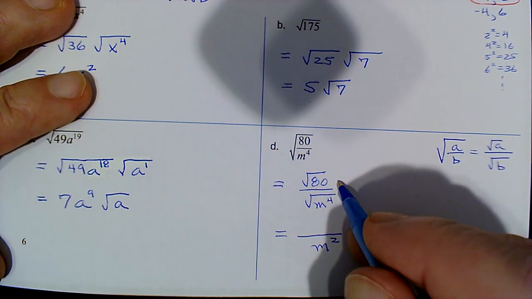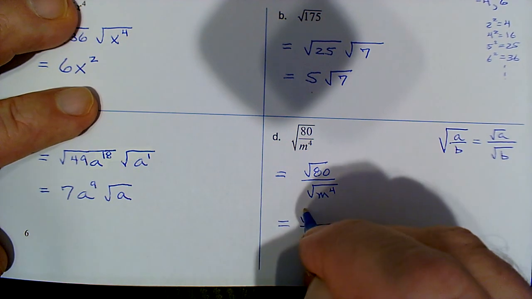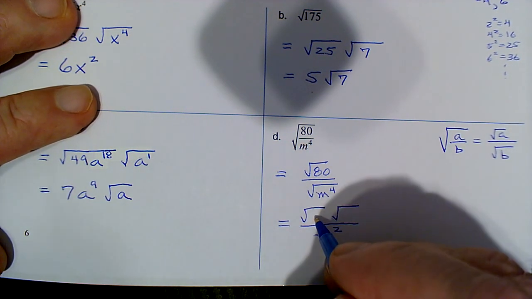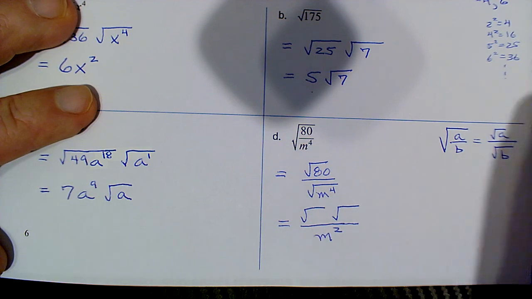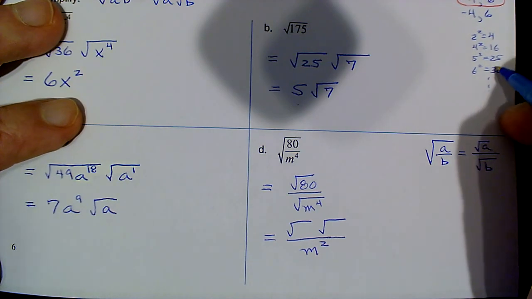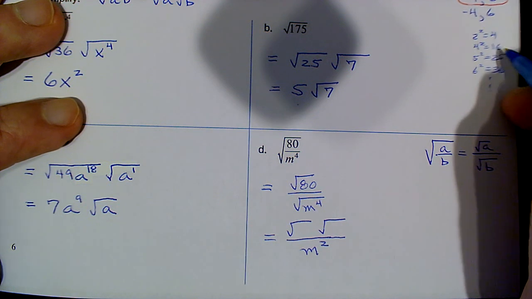But the square root of 80 actually can be broken down into the product of two radicals, the first of which is a perfect square that's a factor. And again, if you work your way up the list here, the first one you're going to find that divides evenly into 80 is 16.